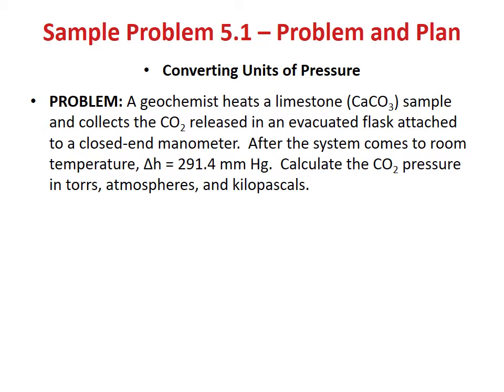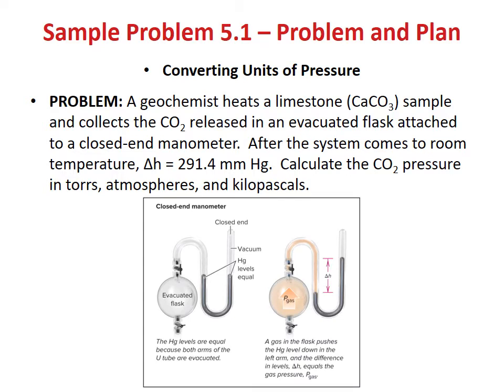Calculate the CO2 pressure in torrs, atmospheres, and kilopascals. In a closed-end manometer, one end is sealed with vacuum, so delta H equals the pressure of the gas. In this case, delta H is the CO2 pressure.